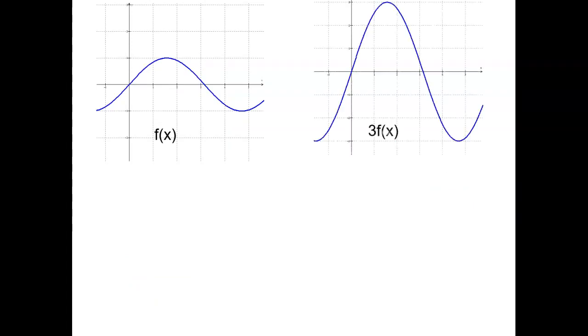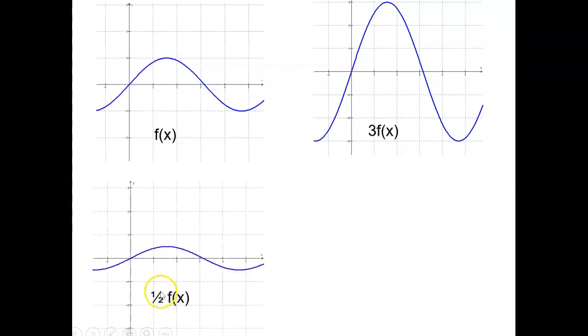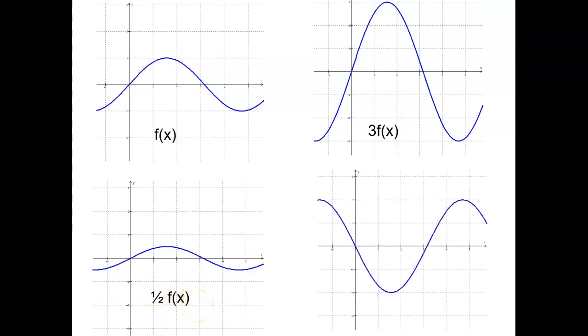Now, if I gave you a function f of x, we know from pre-calculus that a function 3f of x is a vertical stretch of the function f of x, and it would stretch the function by a factor of 3. If I gave you a function like 1/2 f of x, that would shrink the function by a factor of 1/2. That's a vertical shrink. Remember, this is outside the function.